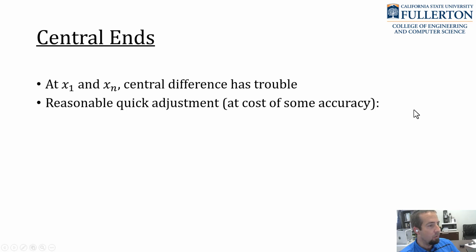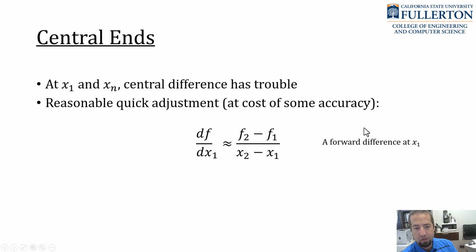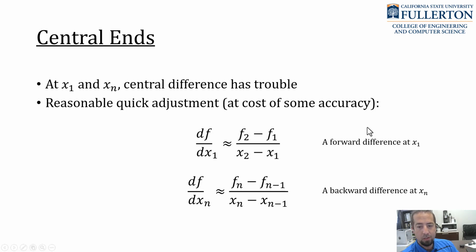There are many ways around this, but a reasonable and very quick approximation adjustment, which doesn't provide quite as good accuracy as the central difference does, is that we can use a forward difference alone at x1, and we can use a backward difference alone at xn, with everything from 2 to n minus 1 being calculated by the central difference method.